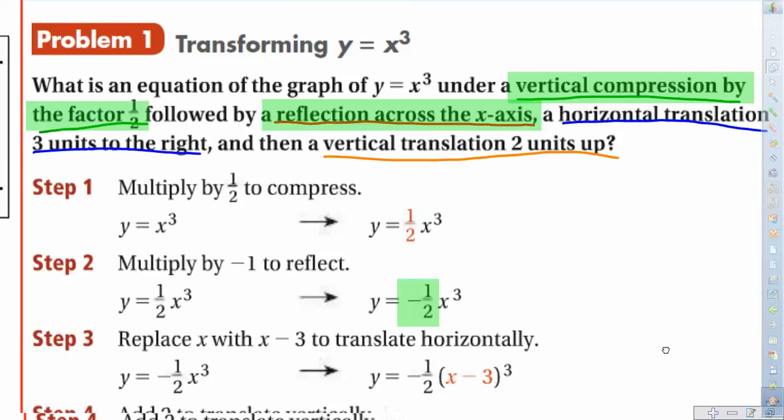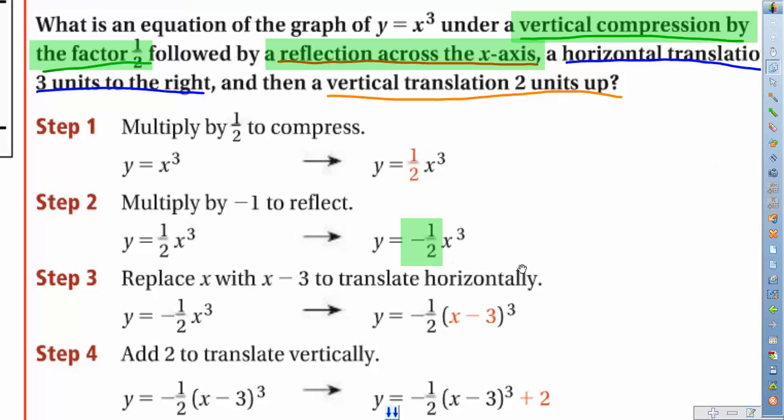And then that horizontal translation, just like we've done in previous units, is opposite, same game, ladies and gentlemen. If I want to move it to the right 3, I need an x minus 3. And if I want to do a vertical translation of 2 units up, that's the same game.